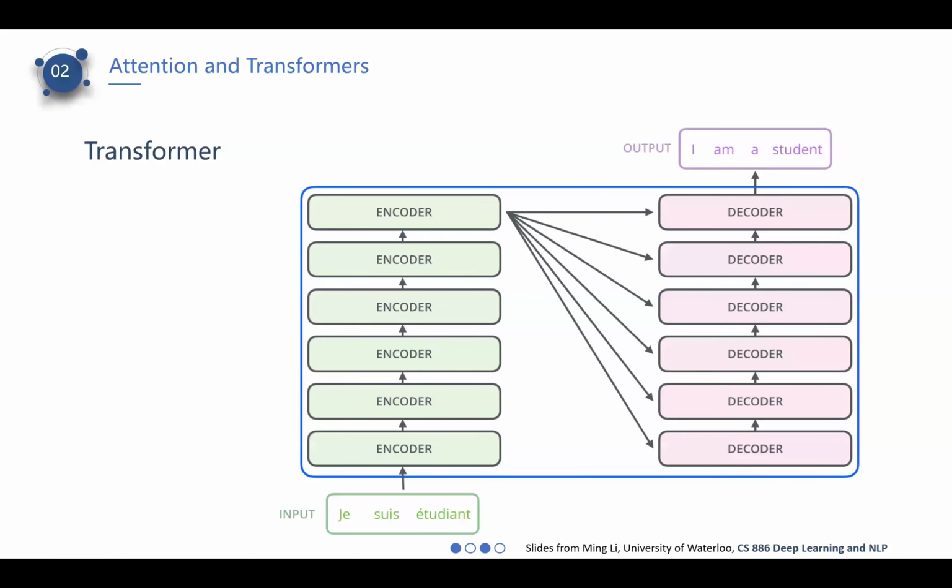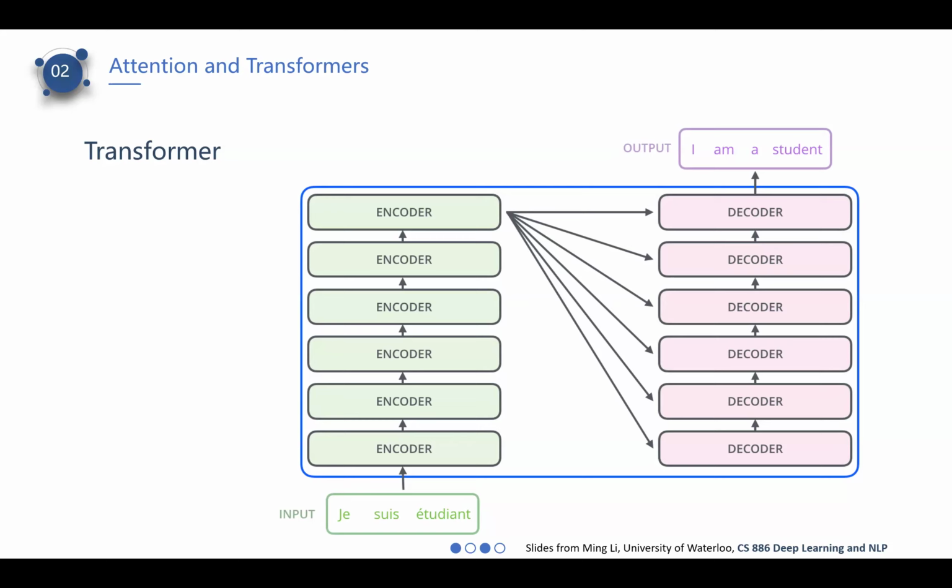Okay, so transformer, let's go into detail. Let's say we have a French sentence, and we want to use a transformer for machine translation. We input this one and want to output "I am a student."